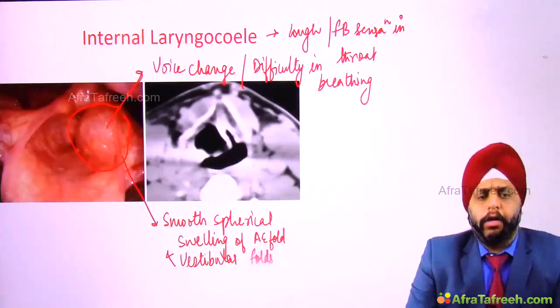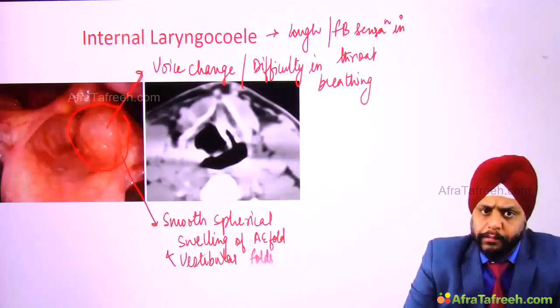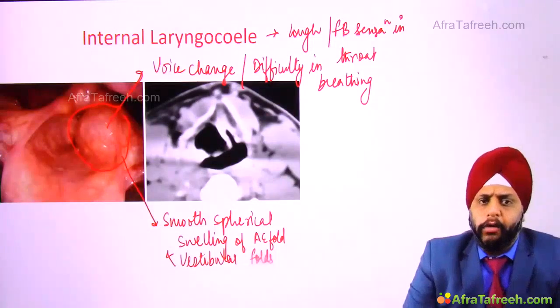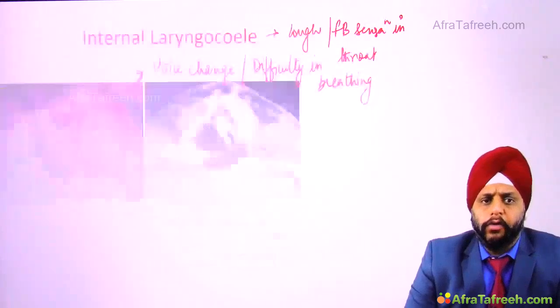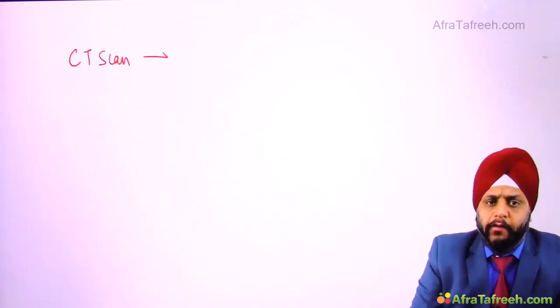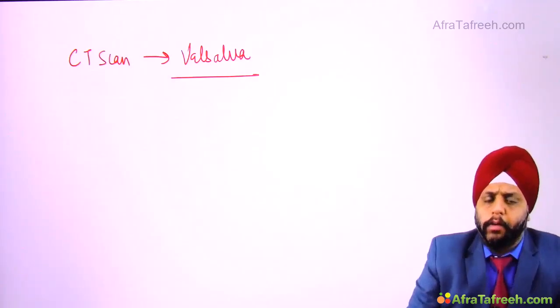Okay, how can we confirm our diagnosis? The investigation of choice to confirm the diagnosis of laryngocele is a CT scan. Now this CT scan has to be done in Valsalva maneuver.